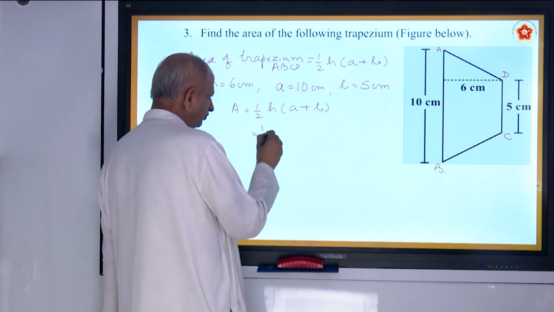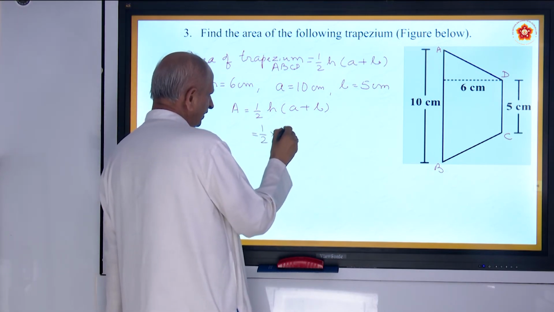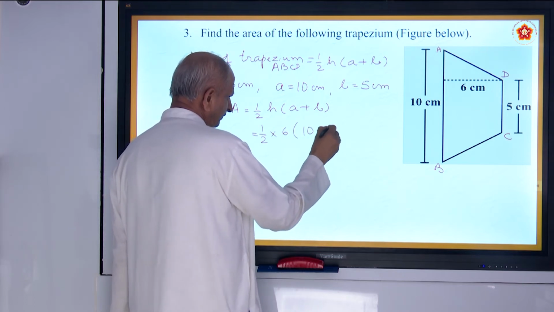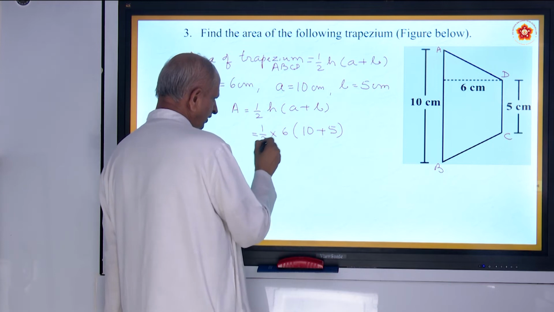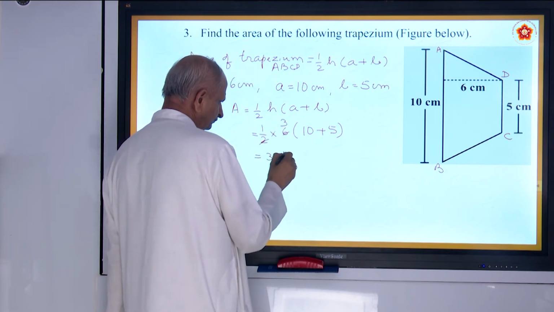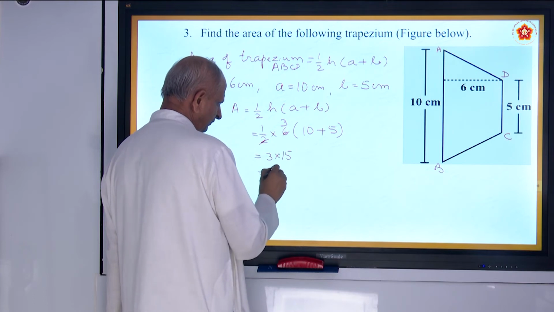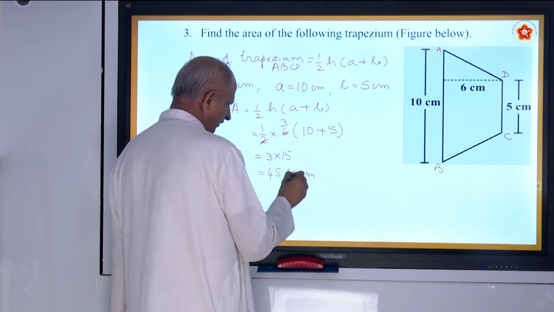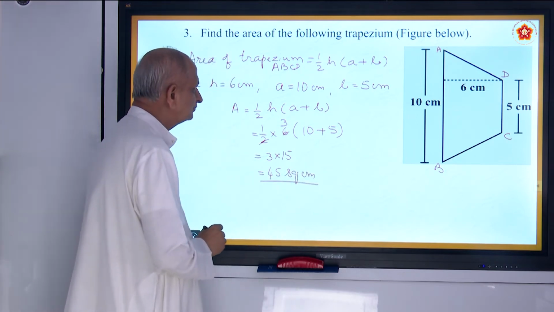So, half into, what is the h? h is 6, a is 10, b is 5. So, 2 ones are 2, 3 into 15. It is 45 square centimeters. So, that is the answer.